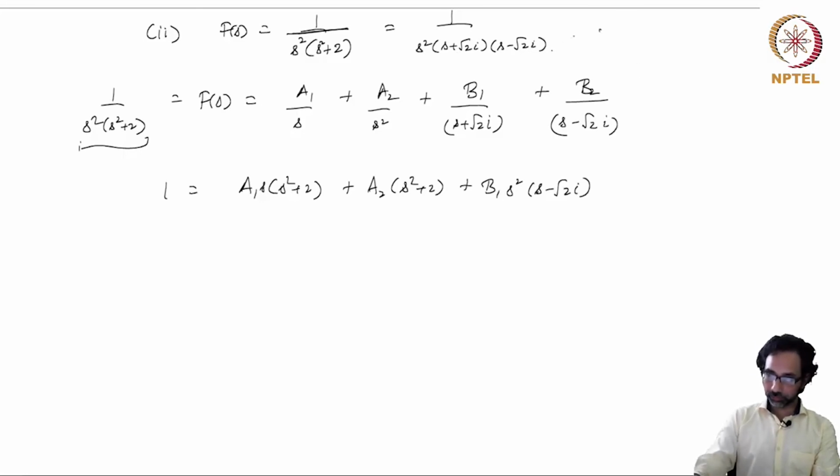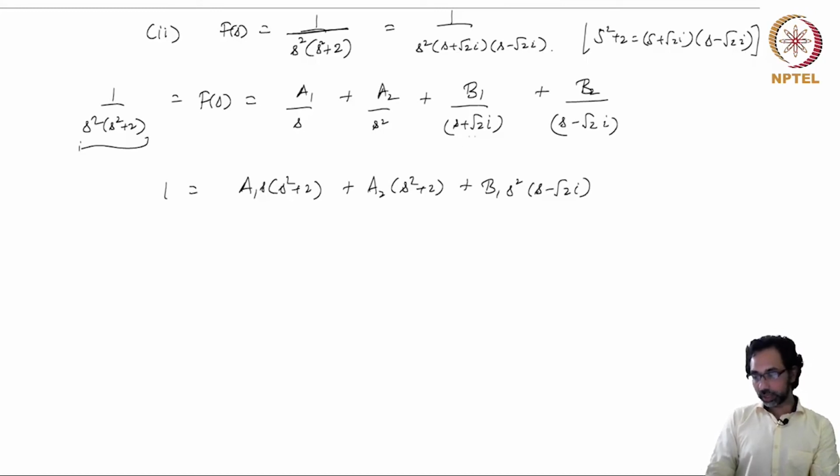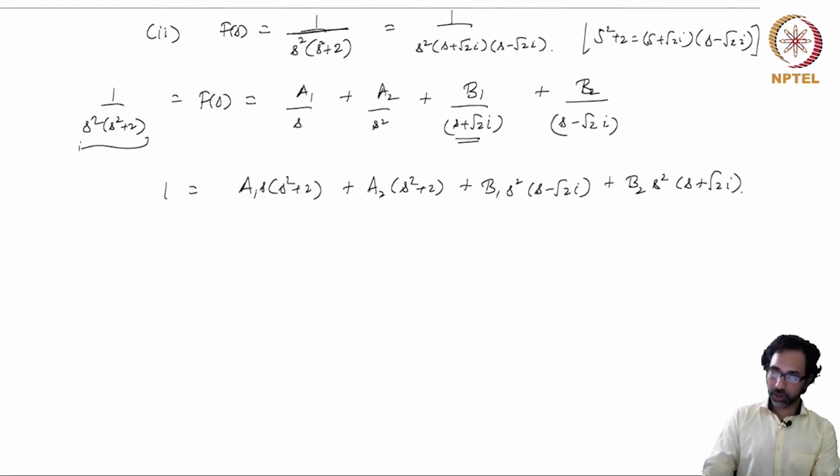Here I am writing s squared plus 2 as (s plus root 2 i) multiplied by (s minus root 2 i). So for B1, the factor s plus root 2 i cancels out and you are left with s minus root 2 i. Similarly, for B2 you have s squared and s plus root 2 i.